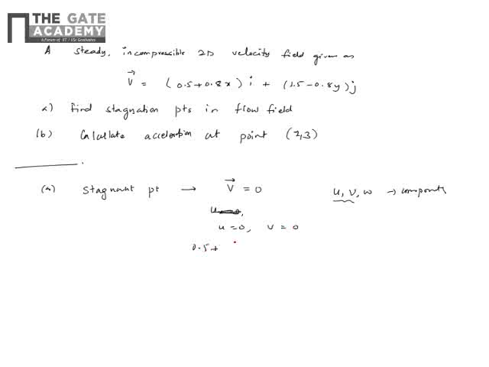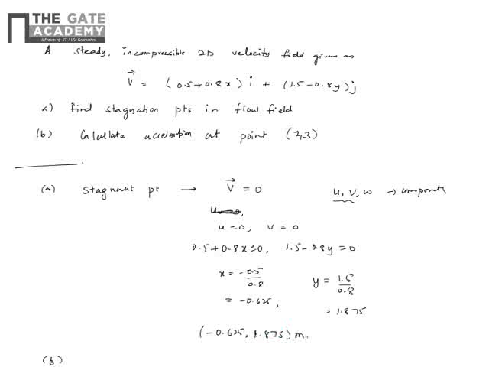So both the x component and the y component are 0. So that is the stagnation point. When I equate these two equations, I get x as minus 0.5 by 0.8, which is nothing but minus 0.625, and y as 1.5 by 0.8, that is 1.875. So this is my stagnation point.